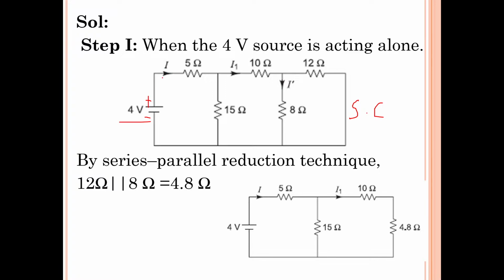Current I amperes flows into the circuit from this source. This current is further divided here into two parts. Let us assume the current through 10 ohms is some I1 current, and further it divides at this junction. So again at this junction, the current will divide. My cursor won't listen to me.